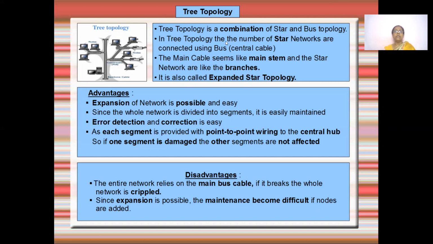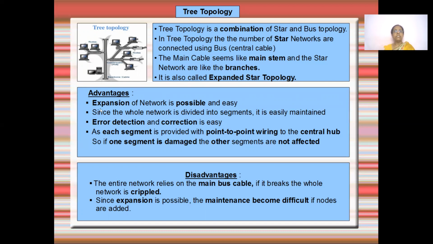In the tree topology, a number of stars are connected to the central cable, which is the mainstream cable or the main cable, and the stars that are arranged from the mainstream are like small branches. This type of topology can be easily expanded, so it's called the expanded star topology.